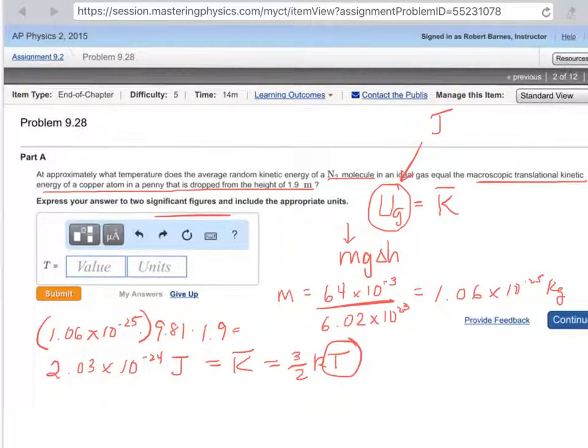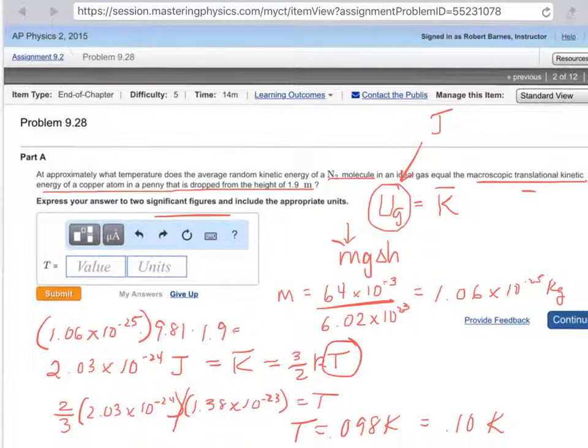So we're just going to solve for T. All right, so 2/3 times 2.03 times 10 to the negative 24th times 1.38 times 10 to the negative 23rd, I think it's k. That's going to give me T in Kelvin. Let's see what we get.